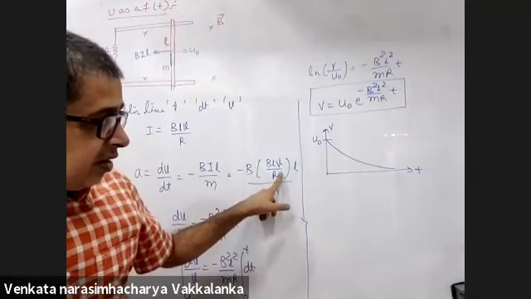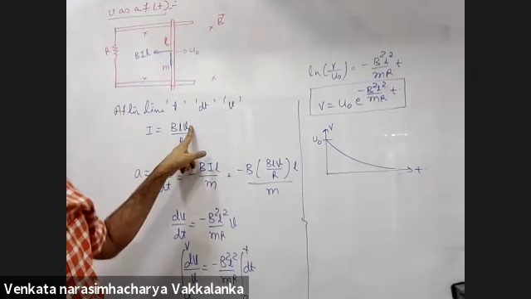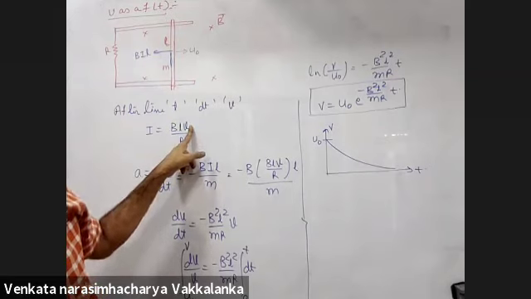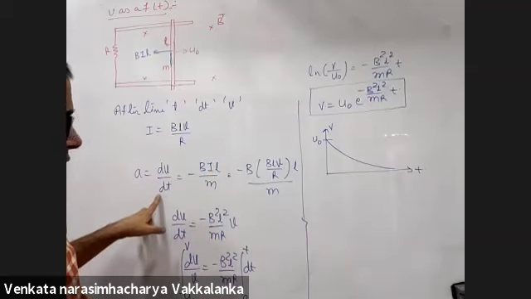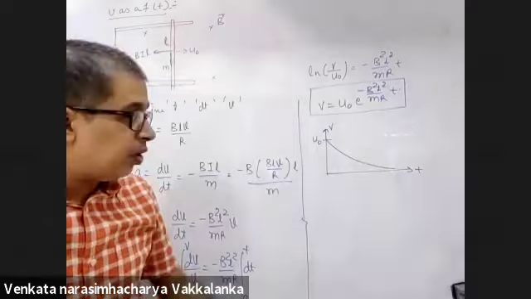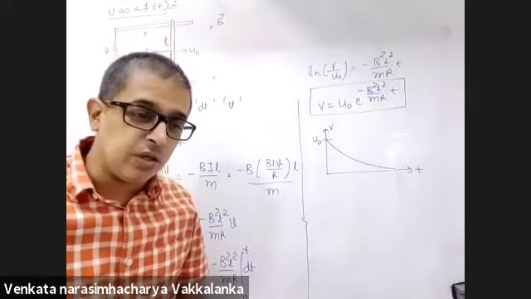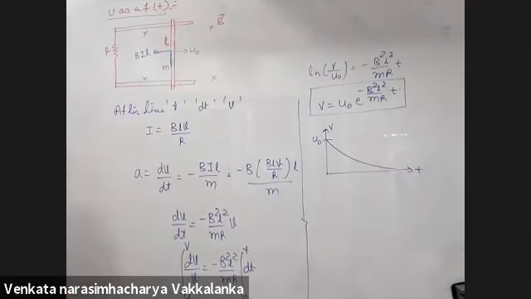Right? I repeat, have a look at it. As the velocity decreases, motional EMF decreases. Motional EMF decreases, current will decrease. Current will decrease, the deceleration will decrease. So it will take infinite time for the rod to come to rest. Theoretically, it takes infinite time for it to come to rest.